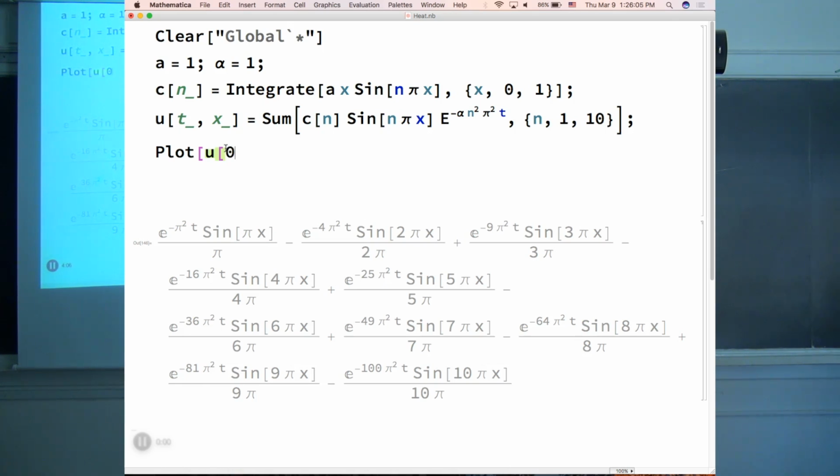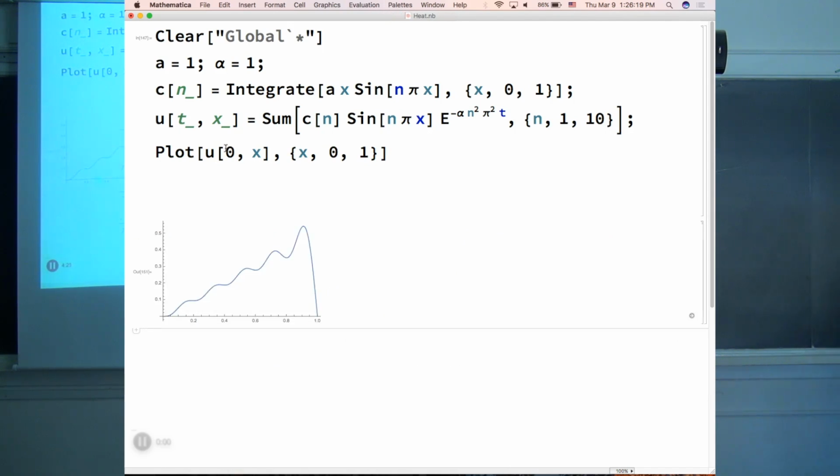Well, you'll see the Gibbs phenomenon with any finite number of terms, but this will be quite vivid. This is at time 0, x from 0 to 1. And here's what it looks like at the initial moment. Do you recognize our initial condition? Except it's the first 10 terms of the Fourier series of our initial condition.